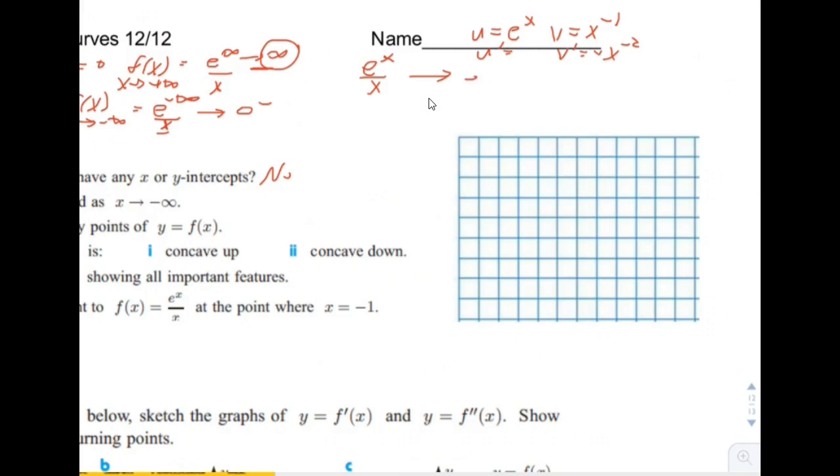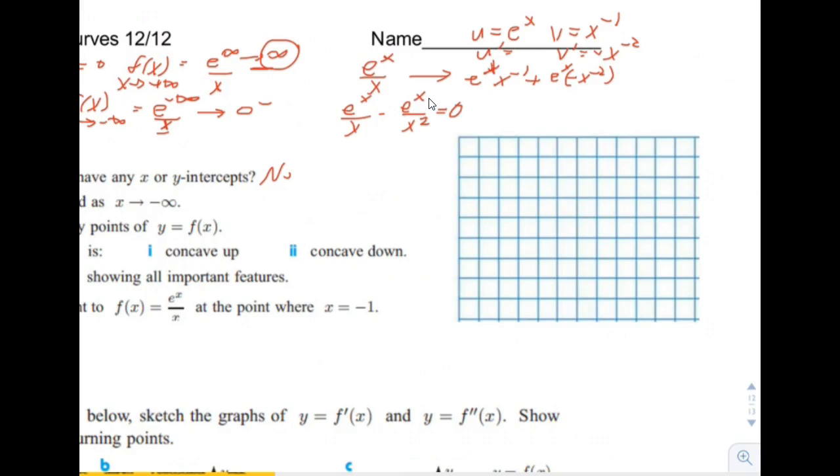So we'll have u dashed, e to the x, times v, which is x to the negative 1, plus u, which is e to the x, times v dashed, which is negative x to the negative 2. Is this ever equal to 0? Let's rewrite it here: e to the x divided by x, minus e to the x divided by x squared, equals 0.